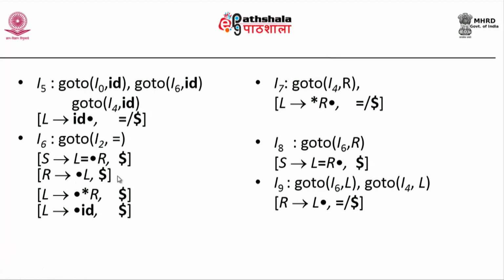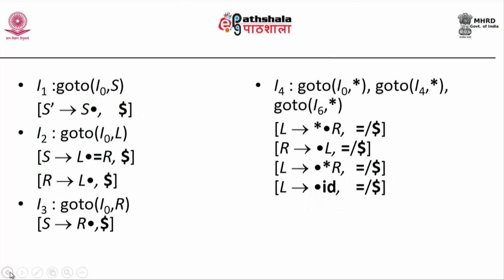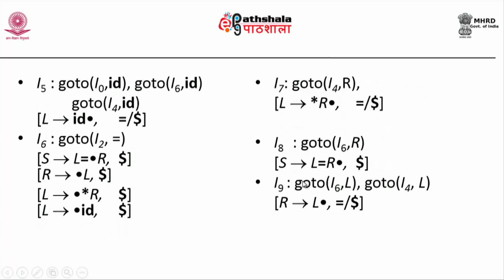Okay, that's I6 comma L. If you look at I4 comma L on the other hand, I4 comma L will be R produces L dot, comma equal to slash dollar. So I am combining again equal to slash dollar with a dollar and I am calling it as a single component, I9. I6 comma L and I4 comma L would be two different components. I have combined them together as a single entry.